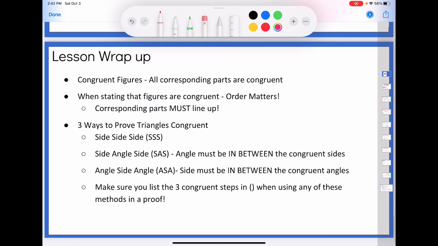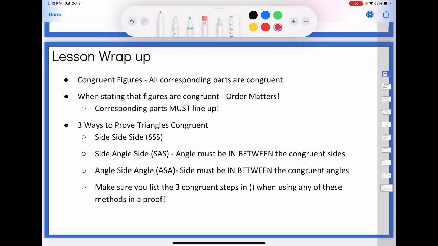So just remember, for congruent figures, it means all corresponding parts are congruent, both angles and sides. When stating that figures are congruent, the order matters. Make sure your corresponding parts line up, but also if they tell you that triangles are congruent, you can tell which parts are corresponding based on how they write their letters.